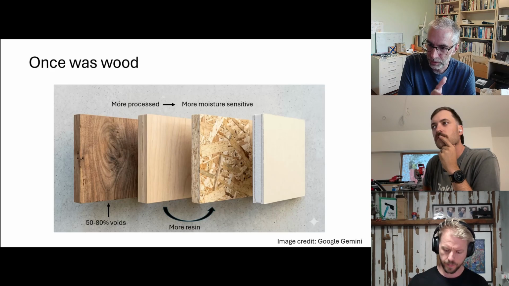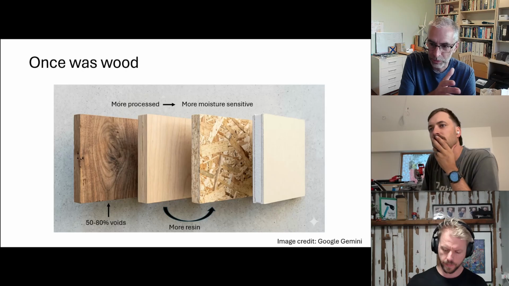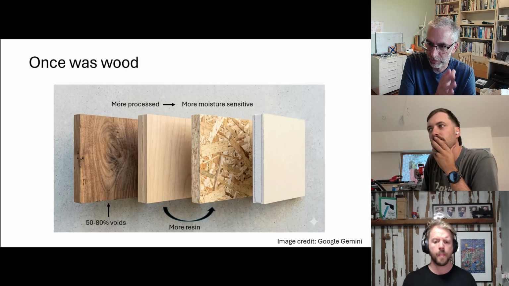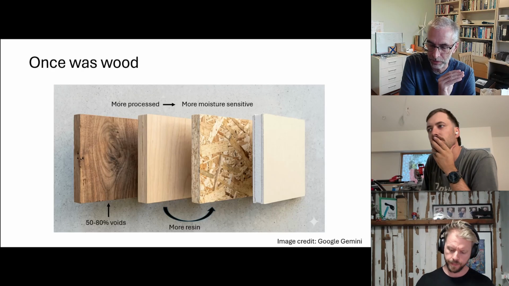As we go through the hierarchy from real solid wood through to something like plywood, where we've essentially skinned the timber, but we've still got these veneers of the original grain there, through to more engineered, more processed materials like OSB, MDF, particle board, and so on, or ultimately paper, like the paper facer on a plaster surface, then as a general rule, we increase the moisture sensitivity.